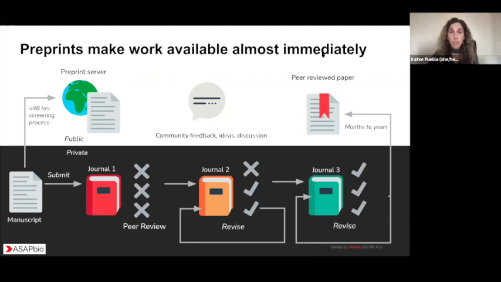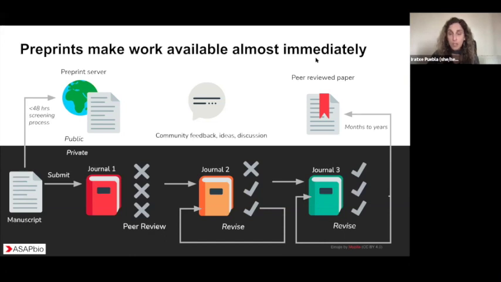By comparison, when submitting to a preprint server, the paper gets posted after the screening process at the server, which usually is completed in a matter of a few days, which means that the research manuscript will be publicly available very quickly. And this allows the community to provide feedback and to start building on those research findings.